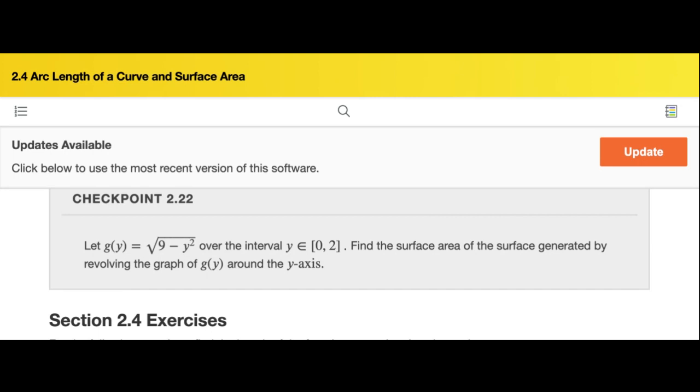Yes, I got 12 pi also. Anyone has any questions over this?